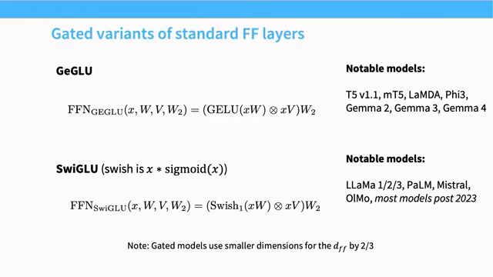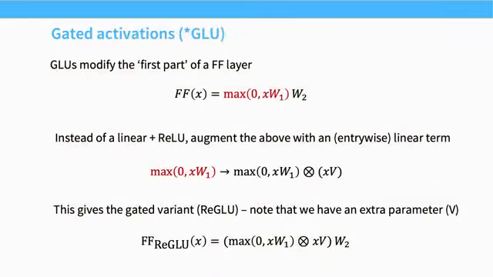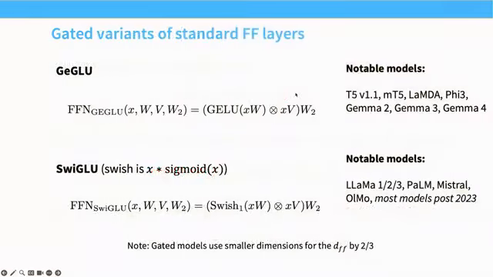Now, here's a side note that will be a semi-important piece of trivia later. If you look up here, right, you will notice that there are more parameters for the gated model, right, because I now have this parameter V. And so if you do a little bit of math, I now have 3 matrices instead of 2 matrices, right?